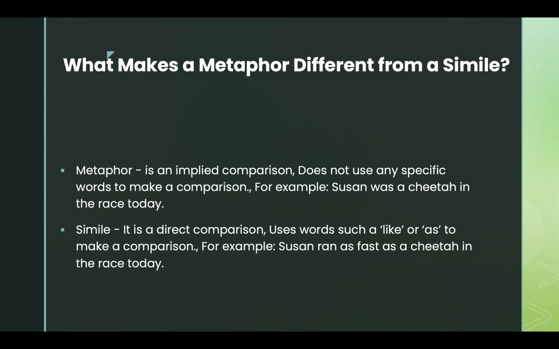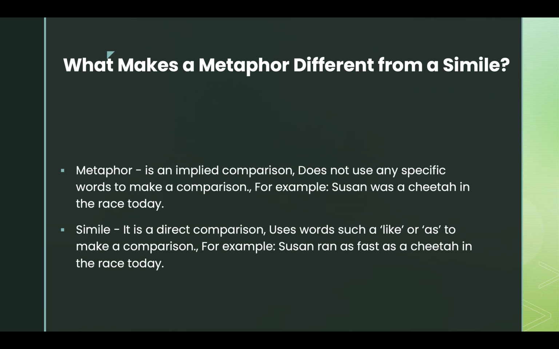With a simile, it is a direct comparison. You're using words like "like" and "as" in order to make the comparison. For example, that same sentence: Susan ran as fast as a cheetah in the race today. Notice in this sentence, the characteristic trait of being fast is mentioned specifically.